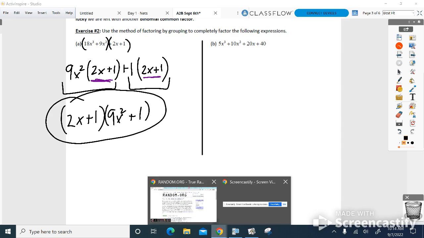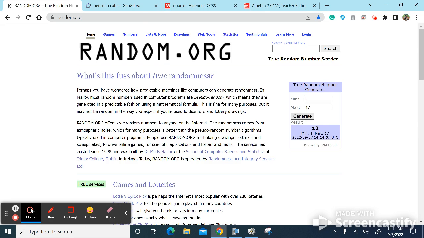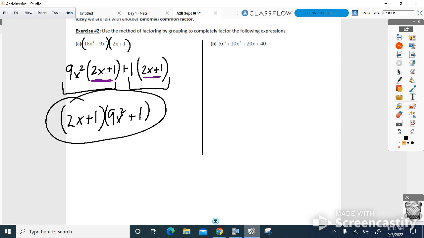What is the GCF here I could take out? 5, yep. Take out a 5 first. You've got to look for a GCF every problem first. X cubed plus 2x squared plus 10x. What am I doing here? Plus 4x plus 8. That looks a little better.